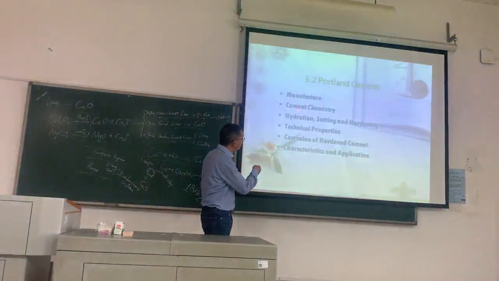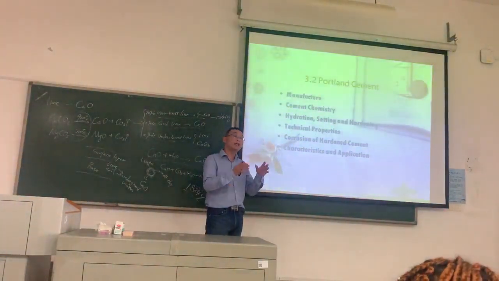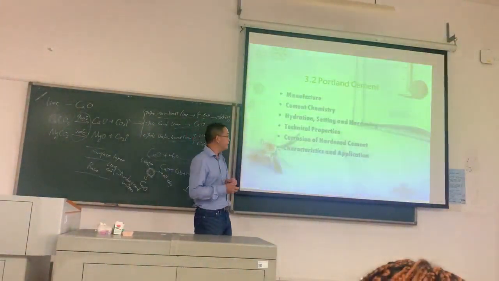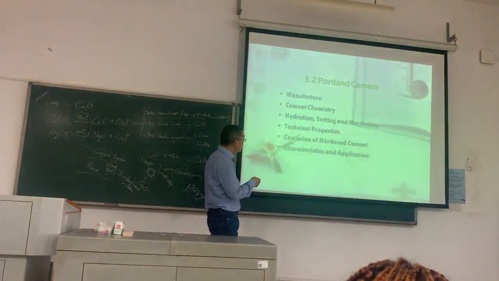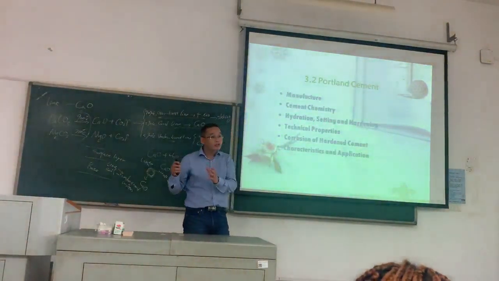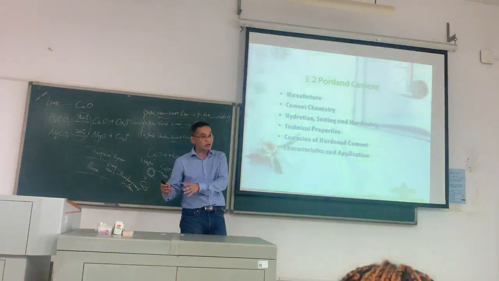And then about the cement chemistry. What is the cement chemistry? It means the reaction of the water and the cement. And then the hydration, setting, and hardening are all related to the reaction of the cement and the water.